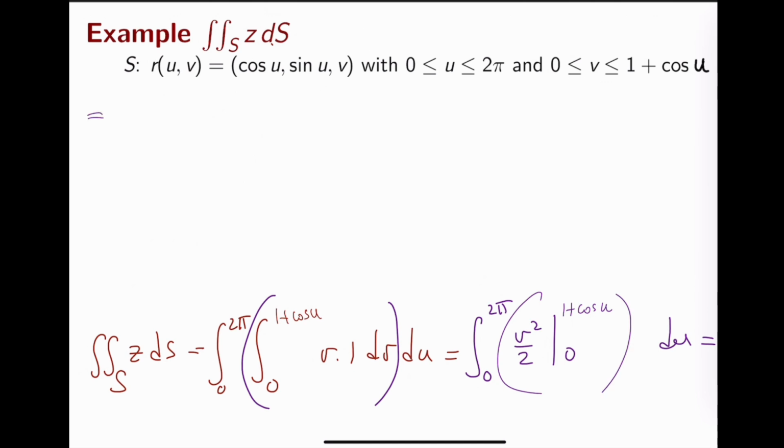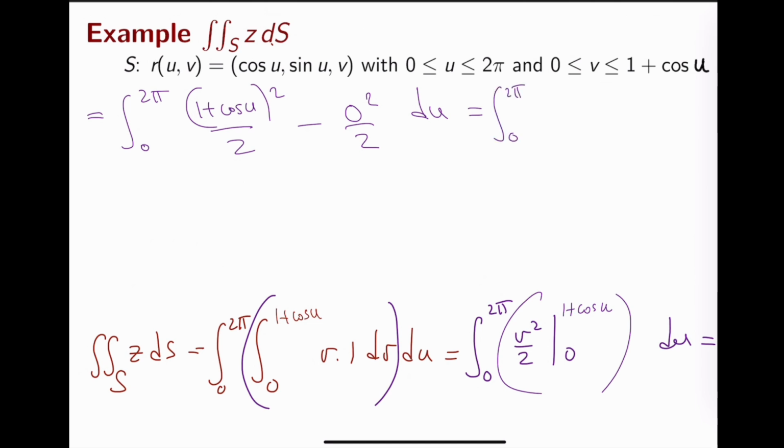I continue here, and this is the integral between 0 and 2 pi, and we are going to evaluate v at 1 plus cosine of u, over 2, minus, and now we evaluate at 0, that will be 0 squared over 2, and this is du. Okay, so we got that this is the integral between 0 and 2 pi of, we expand this square here and we take the 2 out.